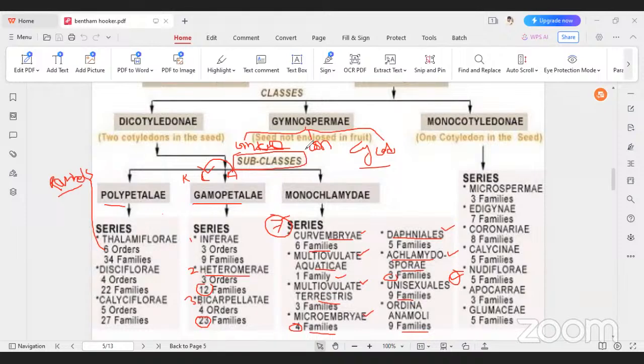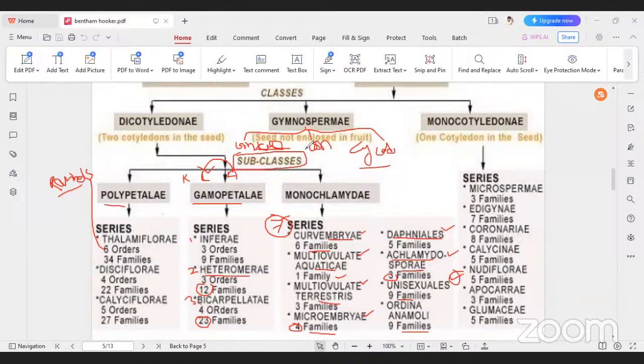And the seven series are Microspermae, which has three families, Epigynae seven families, Coronarieae eight families, Calycinae five families, Nudiflorae five families, Apocarpae three families, Glumaceae five families.